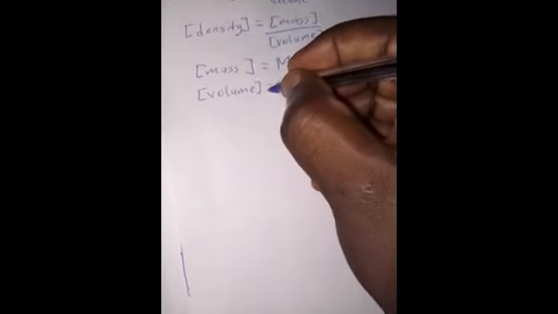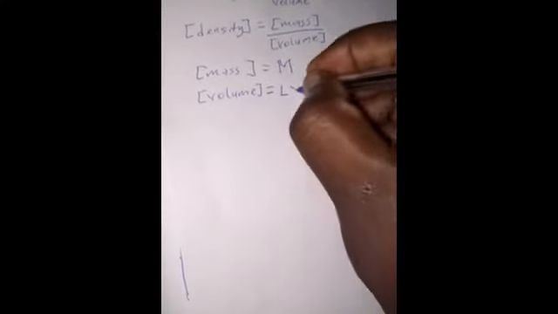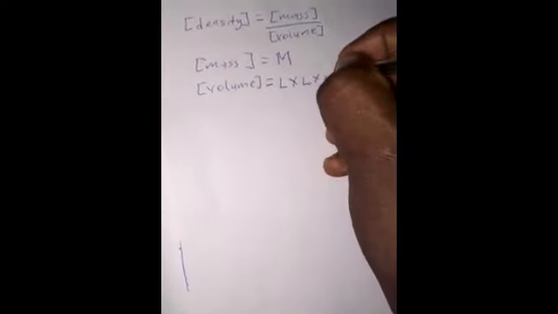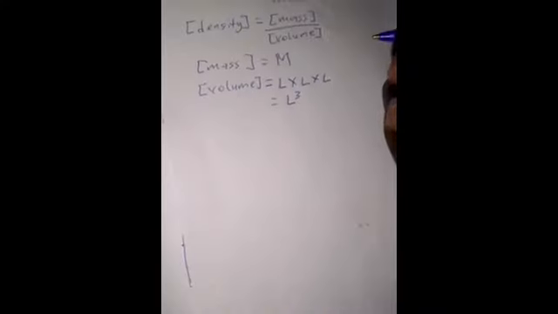The dimension of volume is unknown, but volume can be measured when we take something like a cube. It is what is termed as L cube, that is length times length times length, making L times L times L, which is equal to L cube. So that is the dimension of volume, L cube.